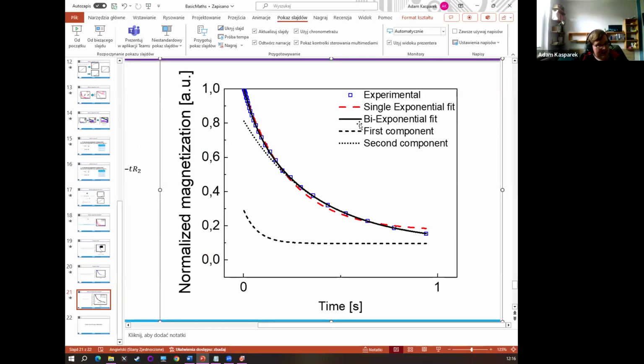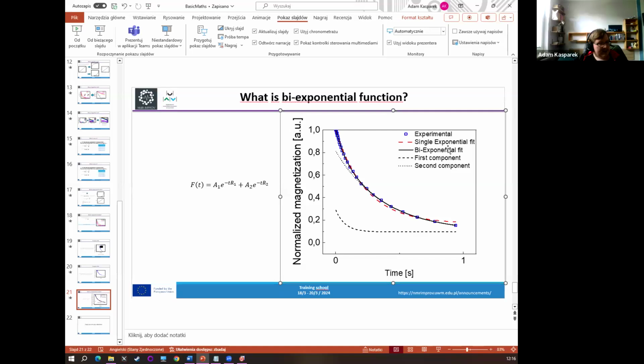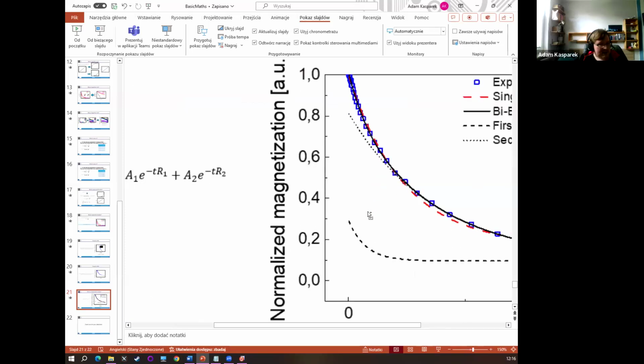What's more important, when we have a bi-exponential fit, we can usually check how the first component and the second component look.